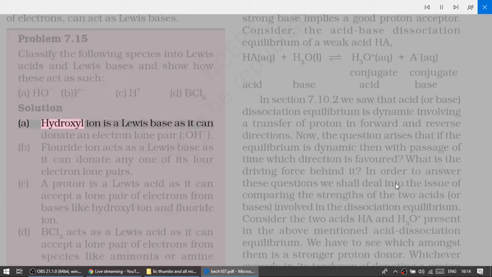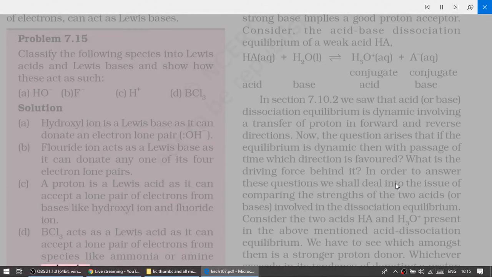Solution: (a) The hydroxyl ion is a Lewis base as it can donate an electron lone pair. (b) The fluoride ion acts as a Lewis base as it can donate any one of its 4 electron lone pairs. (c) A proton is a Lewis acid as it can accept a lone pair of electrons from bases like the hydroxyl ion and fluoride ion. (d) BCl3 acts as a Lewis acid as it can accept a lone pair of electrons from species like ammonia or amine molecules.